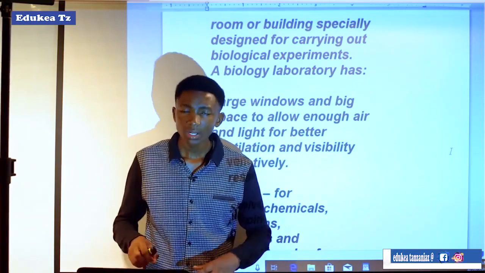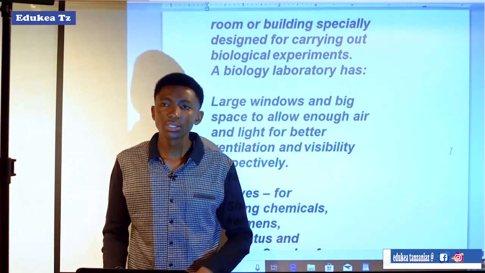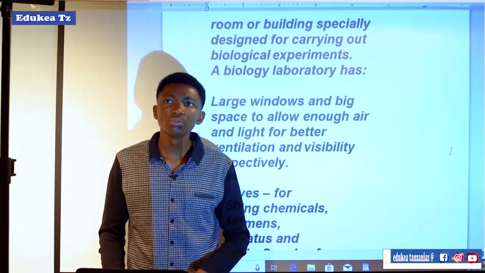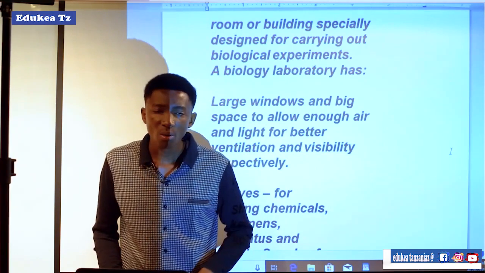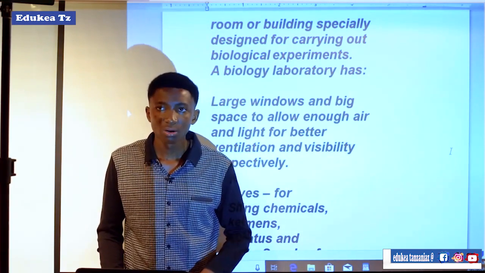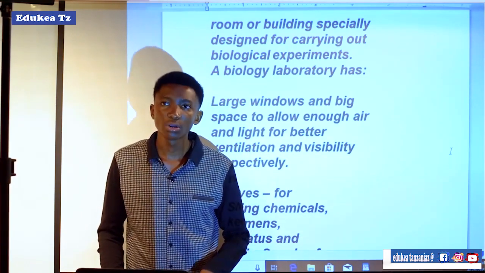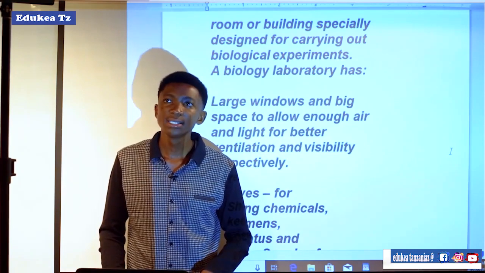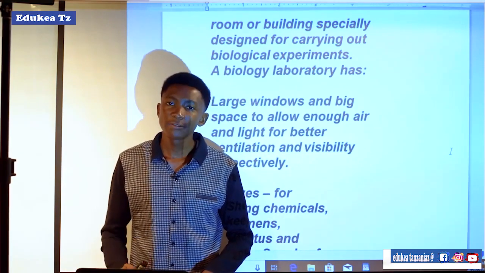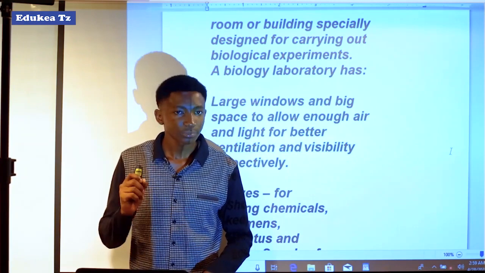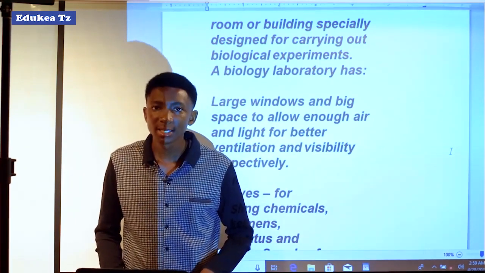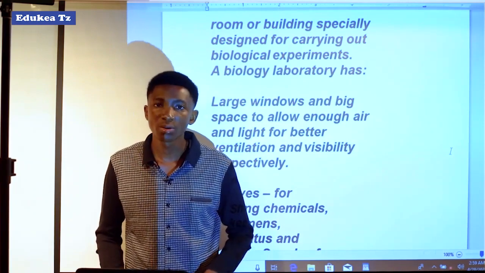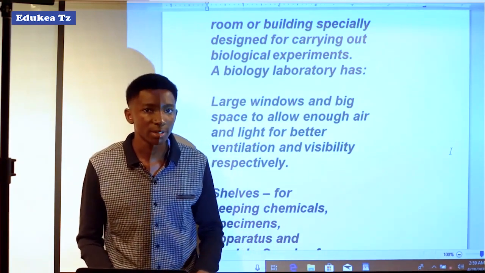If it has large windows, it is easy for good ventilation to enter the room of experiment, the biology laboratory, and it gives fresh air to the researchers, the biologists inside the laboratory.